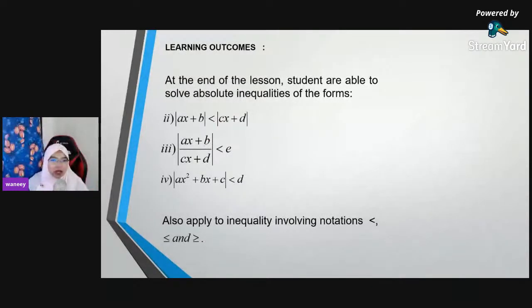Now we are going to look at ax plus b over cx plus d inside the modulus. So this is a rational function less than some constant, and then a quadratic function ax squared plus bx plus c, the modulus of that less than a constant d. We can also apply this to less than or equal, and greater than or equal, or just greater than is also fine.